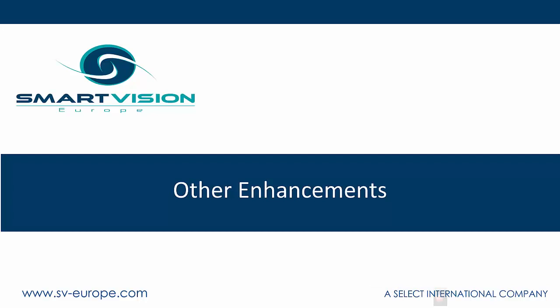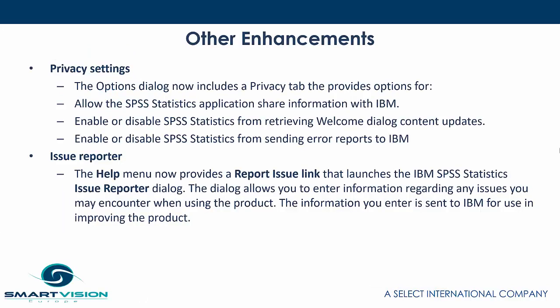Finally, a few miscellaneous improvements include things like changes to privacy settings, which give users more options with regard to what information is shared with IBM during a particular session, as well as the introduction of an issue reporter dialog under the help menu. This dialog allows you to enter information if you have any issues, any crashes or problems when using the product.